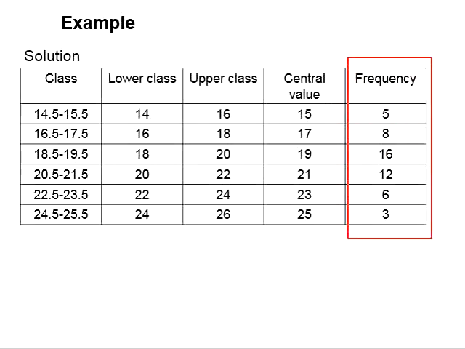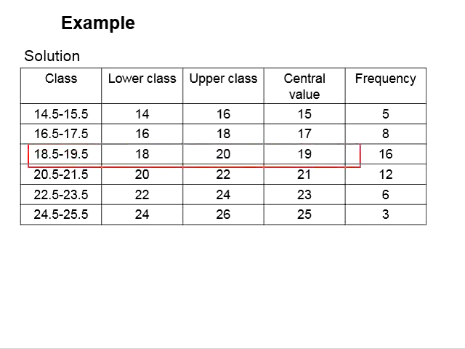From the cumulative frequency here, you know that the median class will be here, as the cumulative of this is equal to 29, which is greater than 25 and 26. The frequency of the median class is 16.